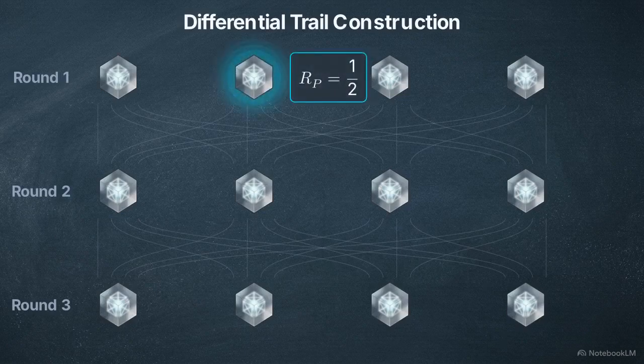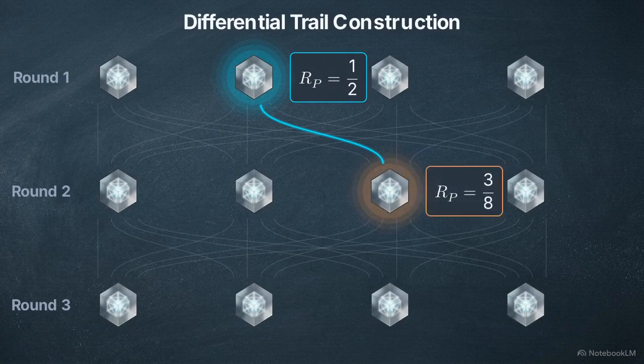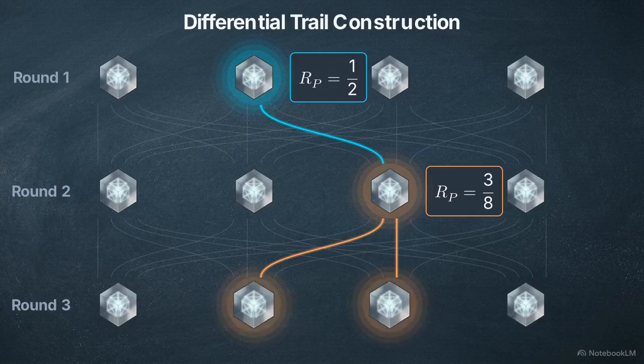Based on our distribution table, this specific transition occurs with a propagation ratio of 1/2. Following the permutation layer down to the second round, the difference activates S-box 3. This secondary transition holds a distinct propagation ratio of 3/8. Moving into round 3, the difference spreads, activating two separate S-boxes simultaneously.